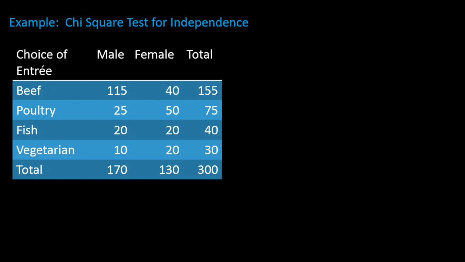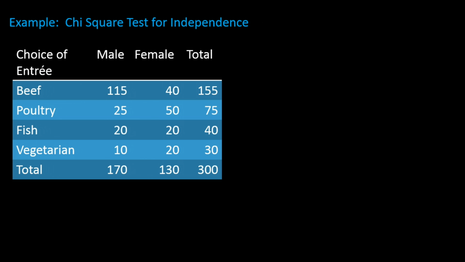We can see by looking at the table that out of 300 customers, 170 were male and 130 were female. We can also see from their choice of entree that 155 out of the 300 customers preferred beef, 75 preferred poultry, 40 preferred fish, and 30 preferred a vegetarian entree.